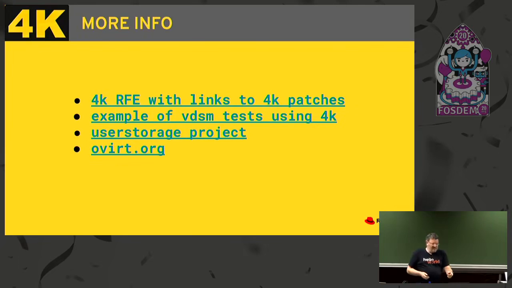And this is an example of a VDSM test using all this infrastructure that I talked about earlier. And a link to the userstorage project, which is a helper to test with many kinds of storage and many kinds of block size. Please check it, and of course, oVirt.org.